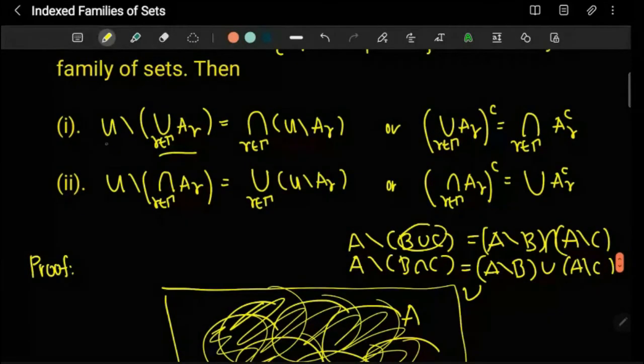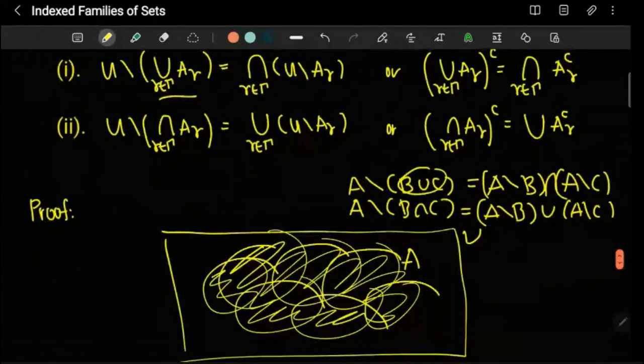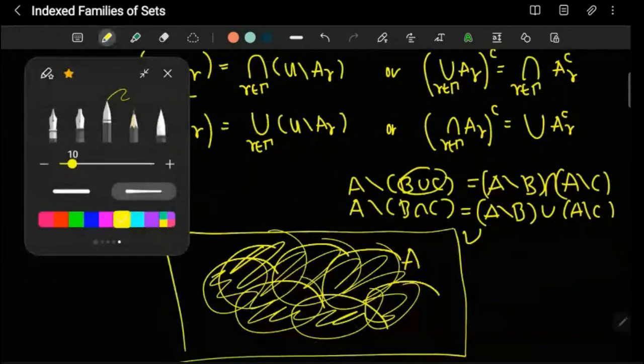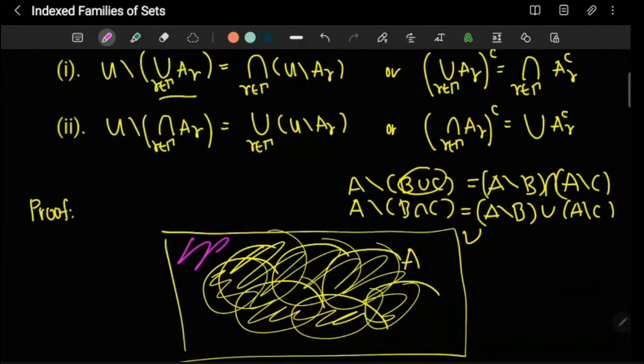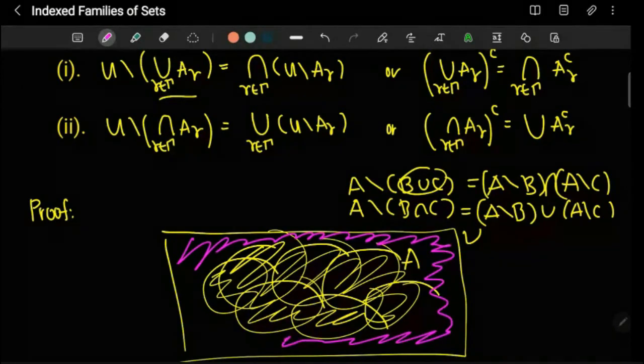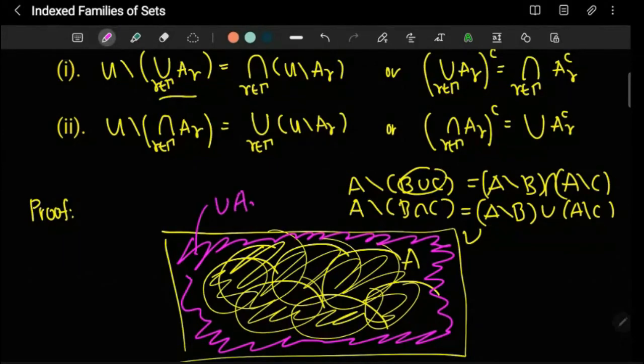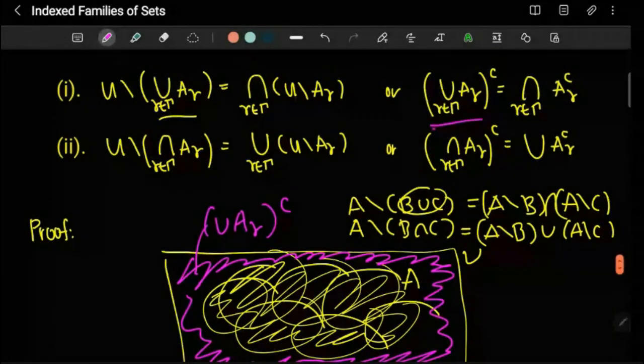That's what we mean by U except, diba? The universal set except that set. So you're getting the union. So what we want is the complement of that union. So anything outside the union. So this is what we call the union of A, and then you get the complement. So you can have that representation as well.